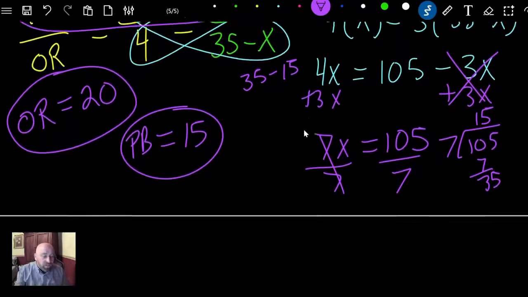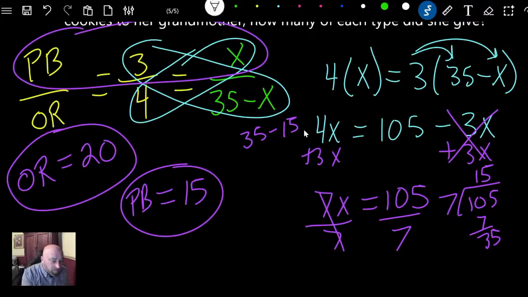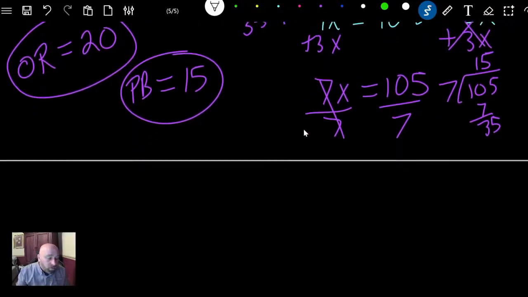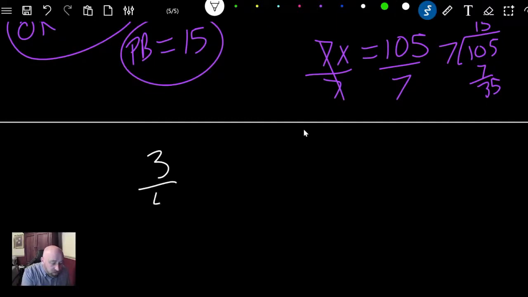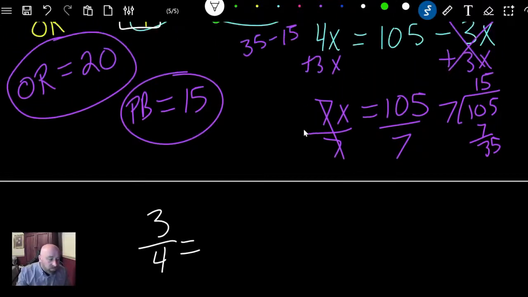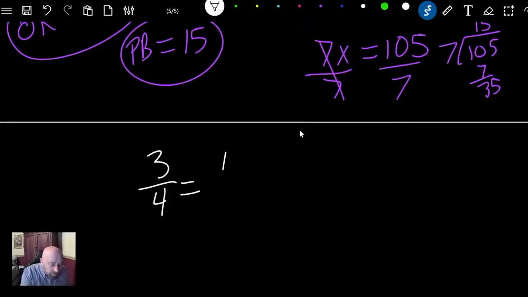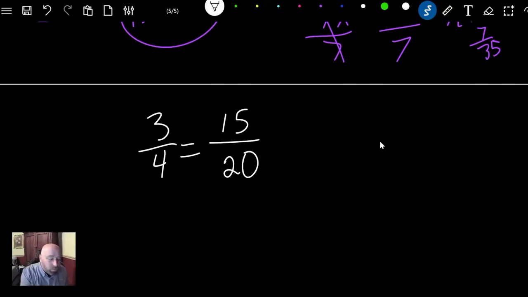And then you could plug these in. Here's a way that you could check this one, right? Because remember, our ratio is 3 to 4. So if we do 3 over 4 equals, remember peanut butter was on top, so that would be 15 over oatmeal raisin was 20. The question is, is that equal? Does that work? One way that you could do it is just reduce this by 5.